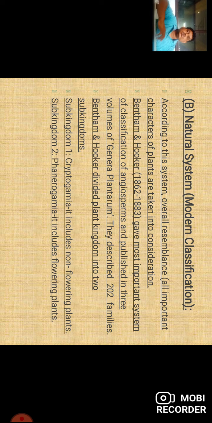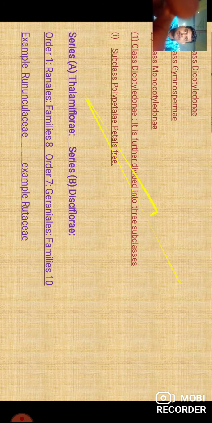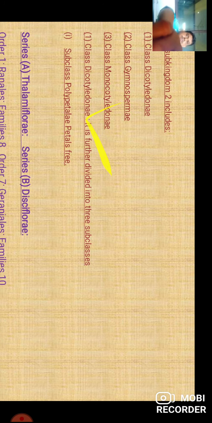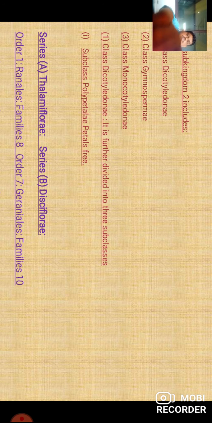Bentham and Hooker divided the plant kingdom into two subkingdoms. The first is Cryptogamia, which includes non-flowering plants. The second subkingdom is Phanerogamia, which includes flowering plants.